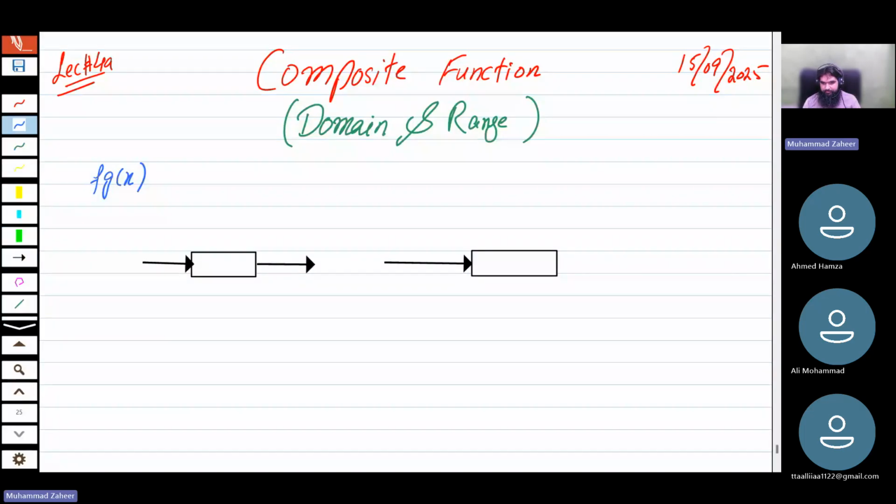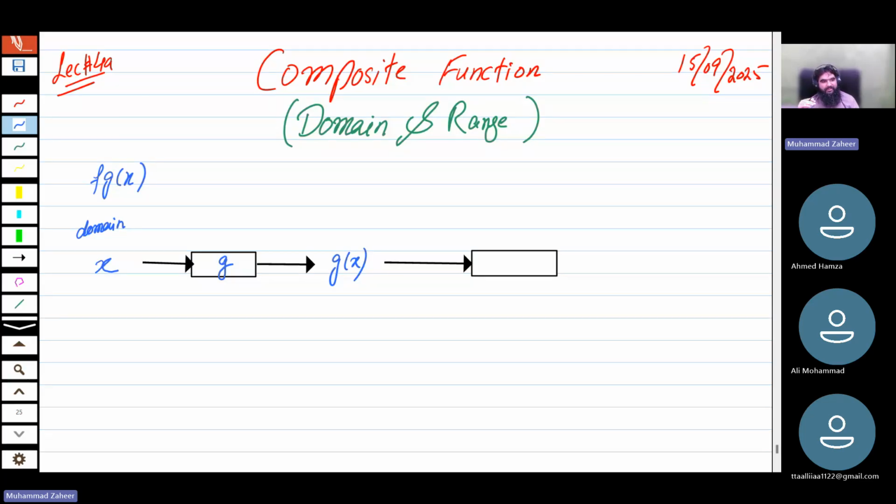Now look here. First of all, you are given some value as an input, and that is basically the domain of the function. Obviously, that will be the domain of g of x, meaning the values that you can substitute in the g function. You have to apply the function g because the first function is g, so you will get the value of g of x.